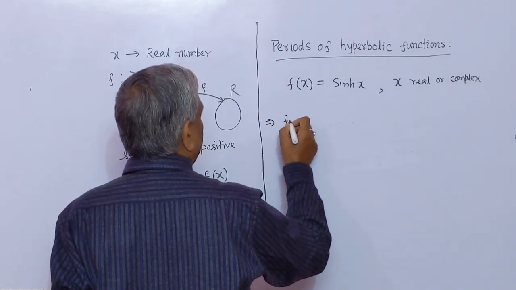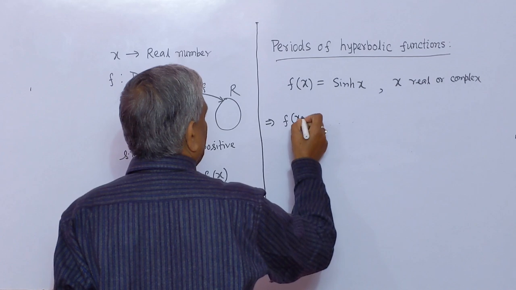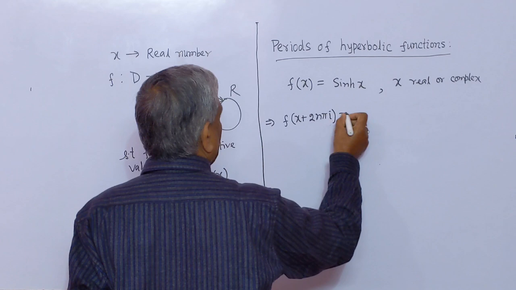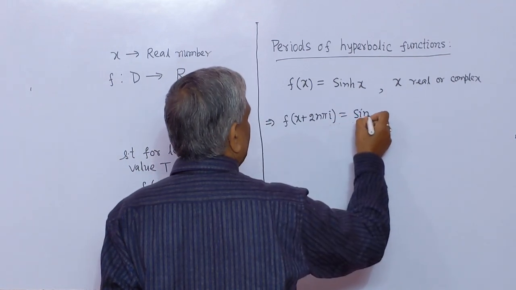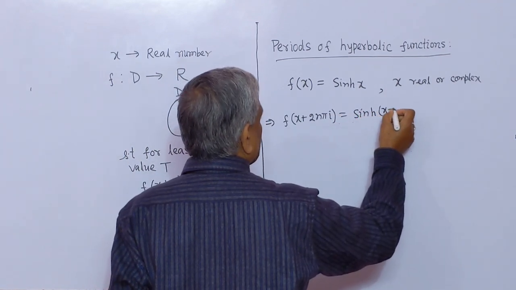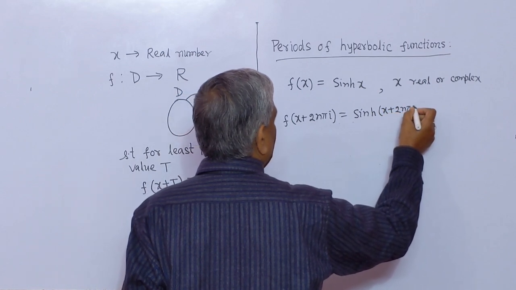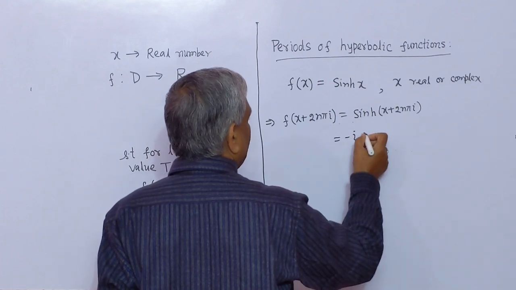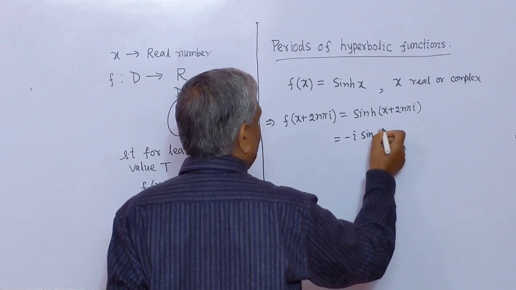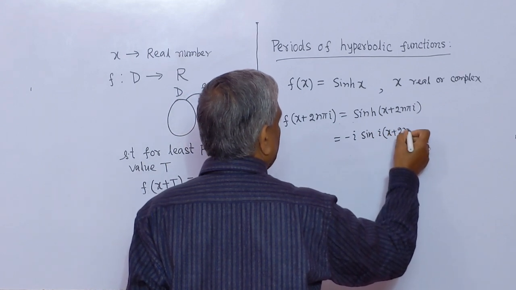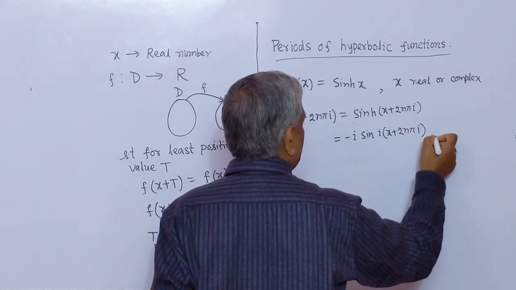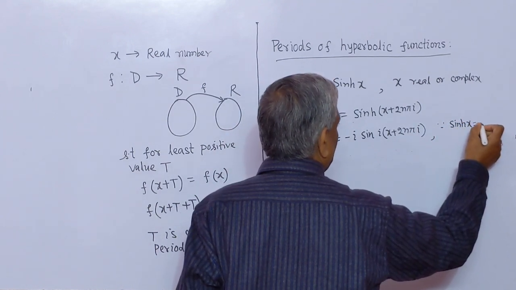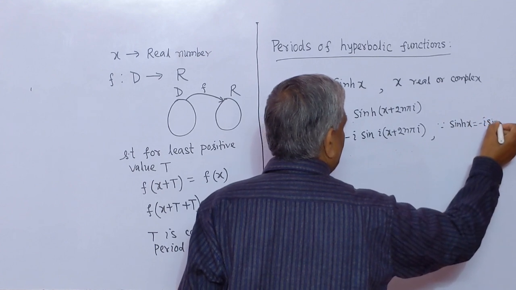This implies that f(x plus 2n pi i) equals sinh(x plus 2n pi i), and this is equal to minus i sin(i x plus 2n pi i), since we know that sinh x equals minus i sin ix.